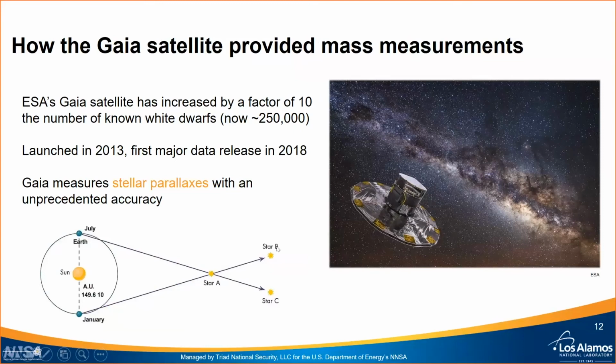Using stellar parallaxes, Gaia was able to measure the distances of 250,000 white dwarfs, and this is what allowed us to measure their masses. So before Gaia, doing those parallax measurements from the Earth is very time-consuming and not that accurate, but Gaia is really specialized in getting those measurements very precisely.